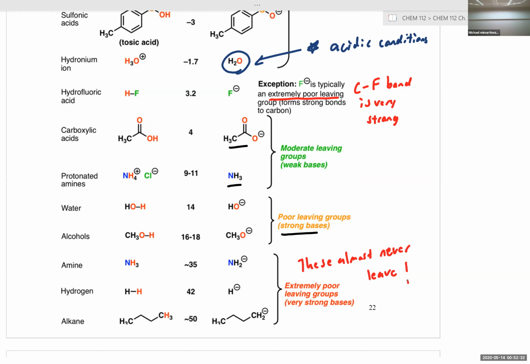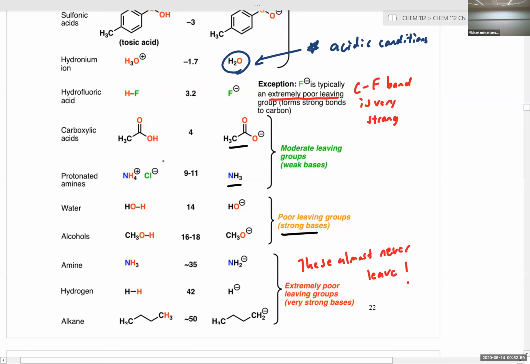So when you think about product prediction, you're very unlikely to ever kick out these anionic, extremely strong bases. You're never going to kick out alkyl groups in most substitution displacement reactions. Does this table make sense to everyone so far?